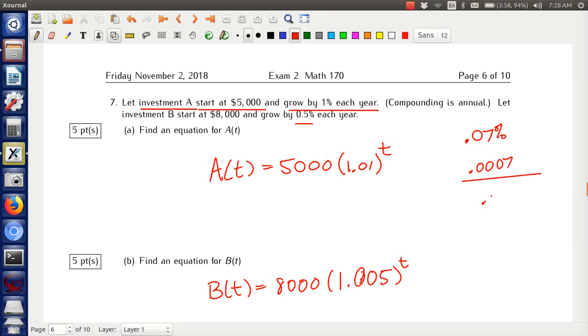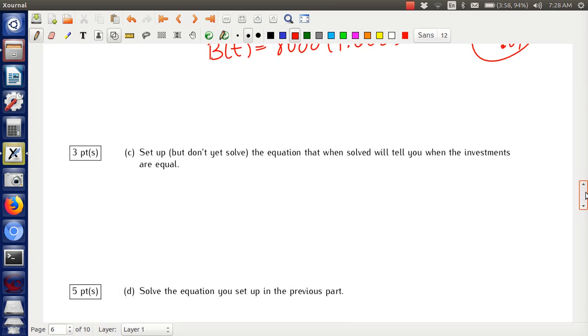Or if you had 0.3%, it's 0.003. Just make sure you count that right. And of course, if it's 1%, it's 0.01. Most people are fine with this situation. It's when the zeros stack up that people get confused.